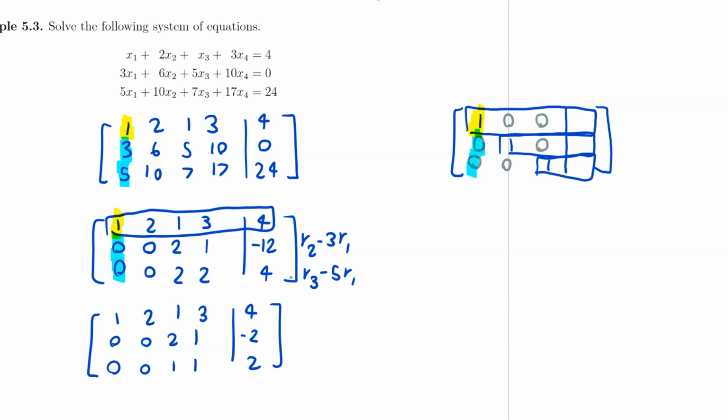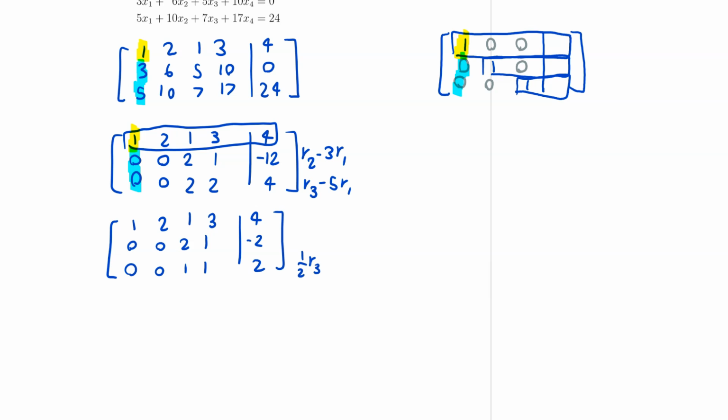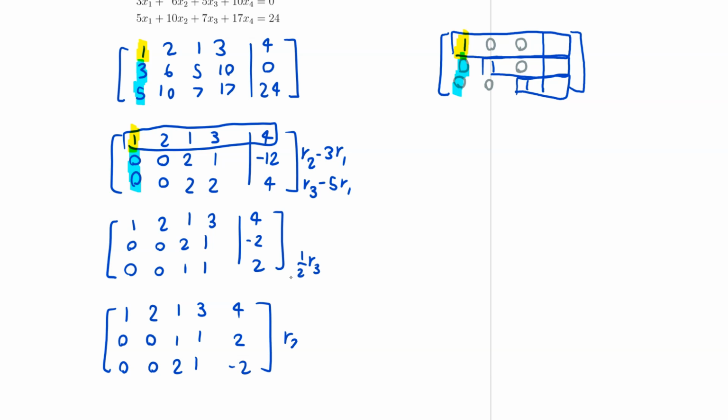So I just multiply row 3 by a half. And now I swap row 2 and row 3. This is what I'm going to get: 1, 2, 1, 3, and then 4; 0, 0, 1, 1, 2; and then 0, 0, 2, 1, negative 2. So here I swapped row 2 and row 3.